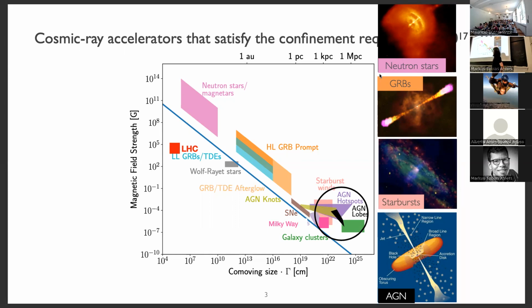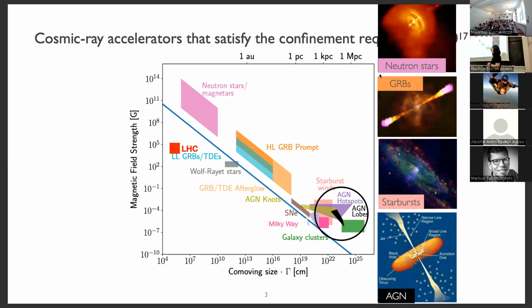We started looking at one of them, jetted AGN, and specifically what happens when we're looking directly into the jet, where we have a blazar. So today I'm going to continue for quite some time with the blazar example. But I want you to understand that it's just an example and that similar conditions exist, for example, in a GRB when it comes to neutrino production.